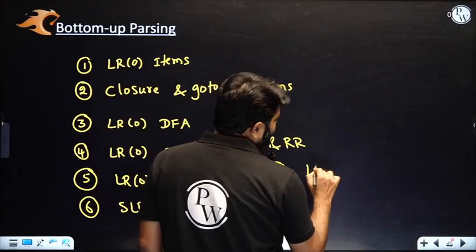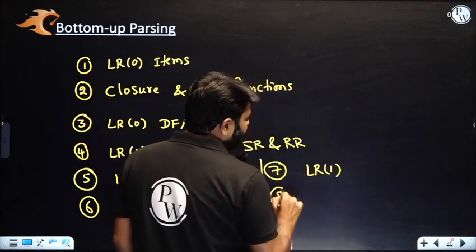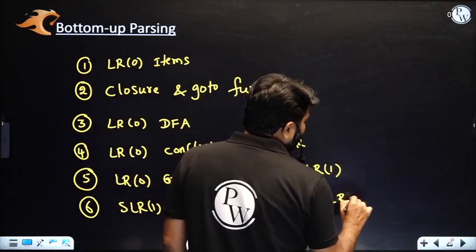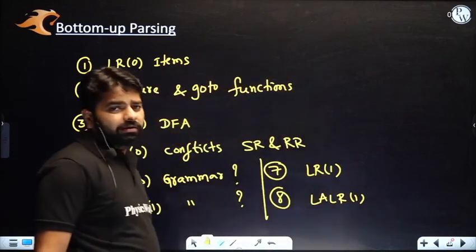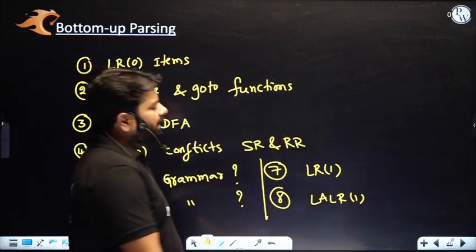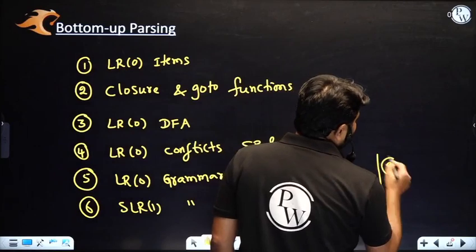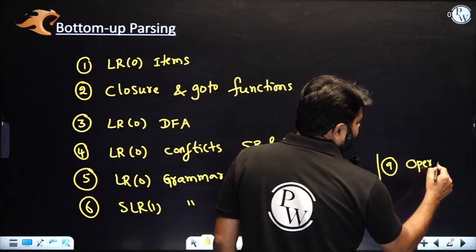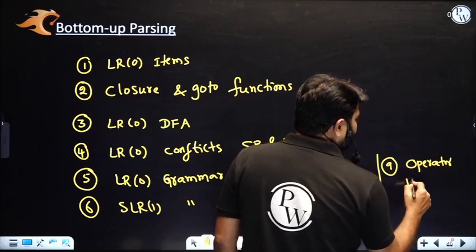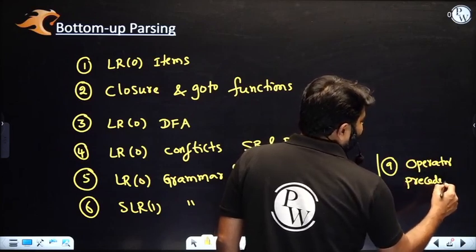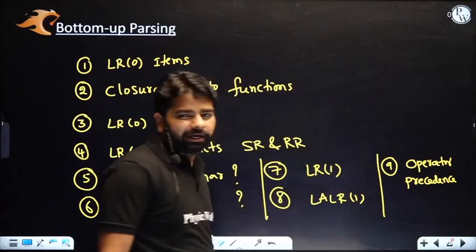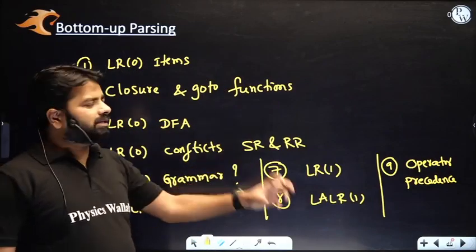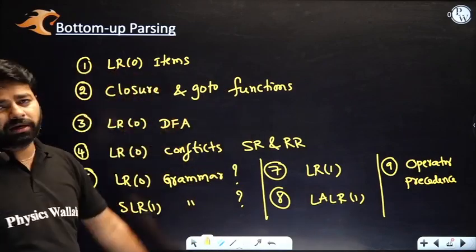We will go first for LR1, then LALR1, and the relation between all of them. And the ninth topic after this is operator precedence: how do you compute the precedence of the operators with the help of an operator grammar? Okay, these are the main topics that you will see in bottom up parsing.